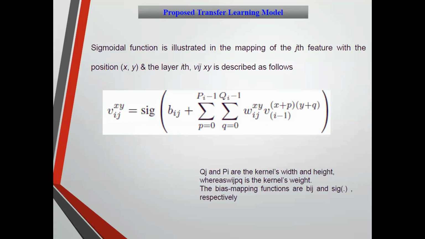Here you see Q_j and P_i are the kernel's width and height, whereas W_ij^pq is the kernel's weight. So the bias and mapping function are B_ij and Sig respectively.